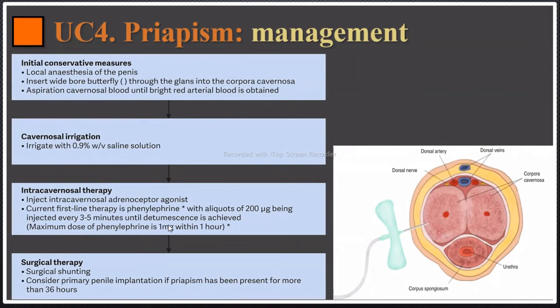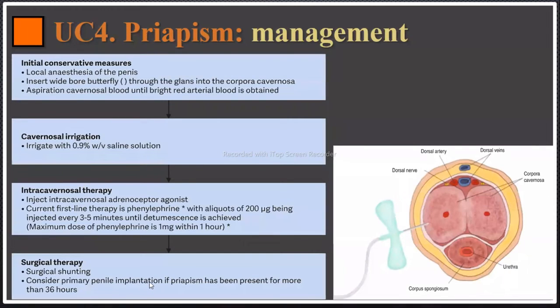Maximum dose is how much? 1 milligram within 1 hour. Surgical therapy, if failed: surgical shunting. Consider primary penile implantation if priapism has been present for more than 36 hours.